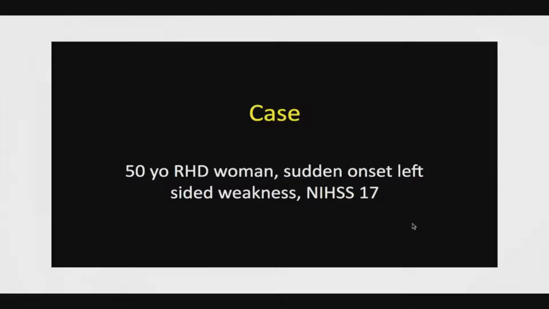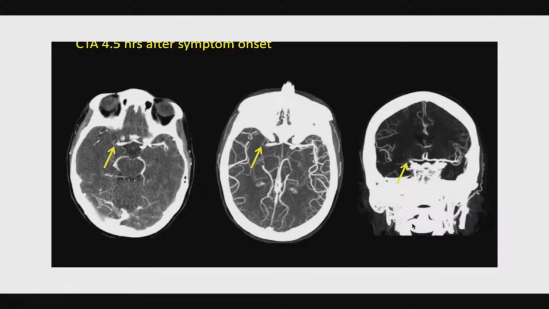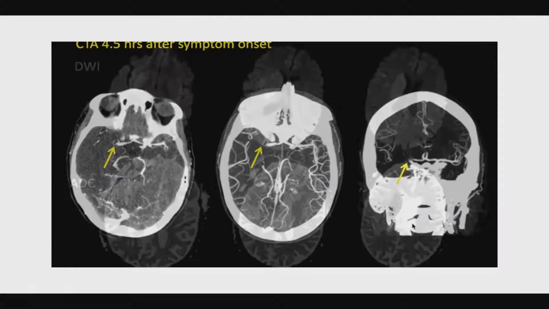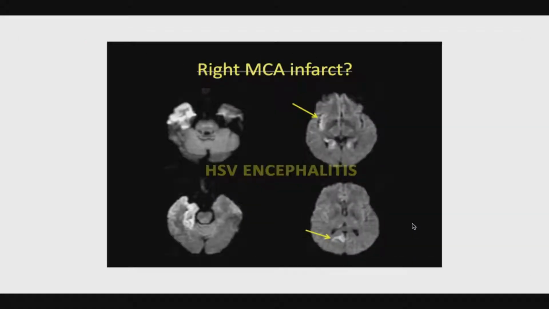I'm not going to go through these cases because many of you have seen these MR cases. This is just a repeat of what we talked about. Now, these are the stroke mimics. This is a patient who presented with symptoms that mimic stroke, that mimic a right MCA occlusion.